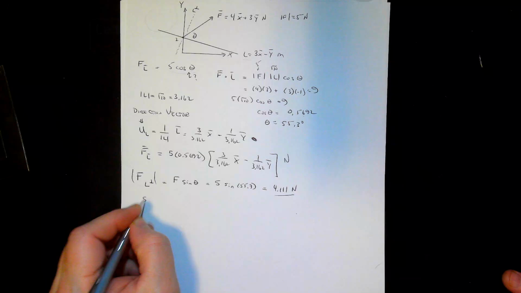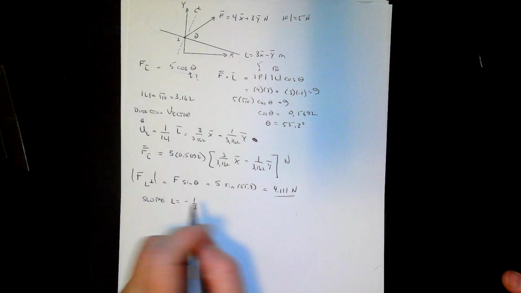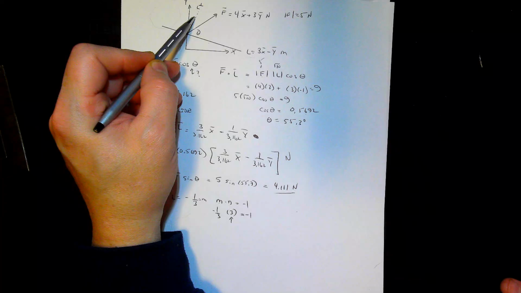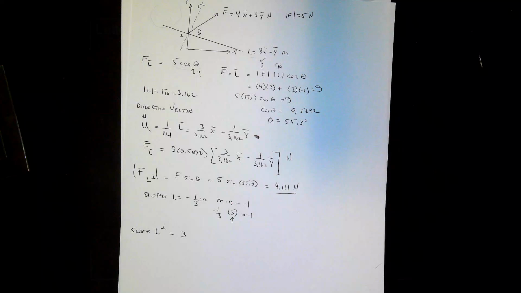times the cosine of the angle between them. Oh, that's the thing we'd like to get. Now, of course, the other way you can do that, that you should all be familiar with from math, is that F dot L is also the same thing as taking the x coordinates, 4 times 3, and then adding to that the product of the y coordinates, 3 times minus 1, so that'd be a minus 3.